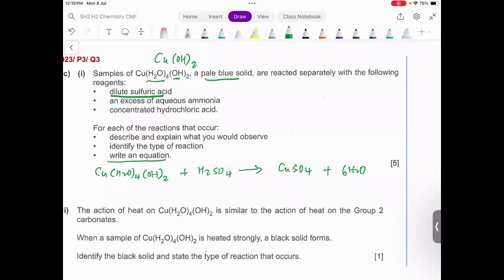So it should be a blue solid dissolving to give what? A blue solution, not copper sulfate solution. Giving me the formula of the product is not giving me the observation. So it's a blue solution, not copper sulfate solution. This is the observation. So, acid-base reaction.